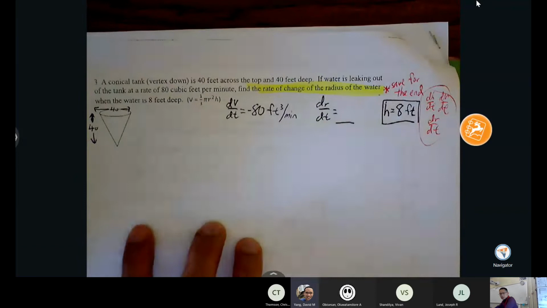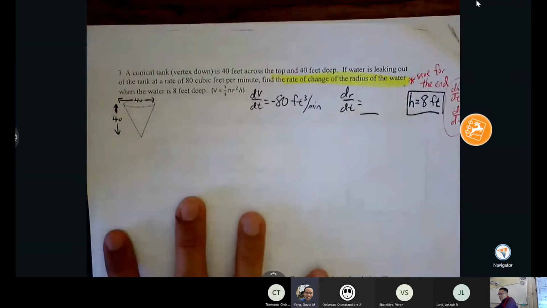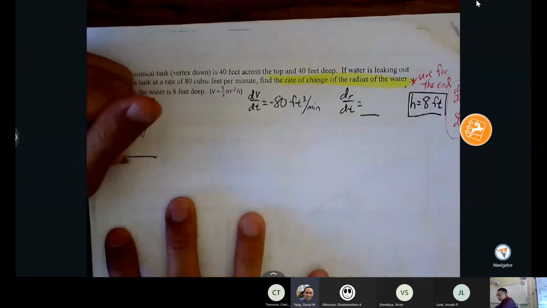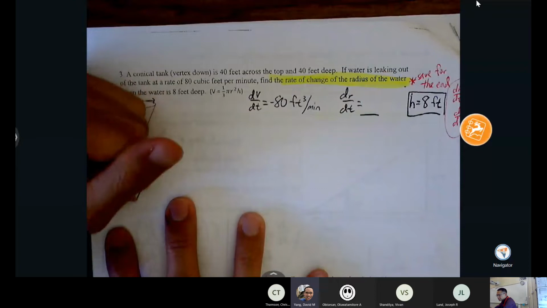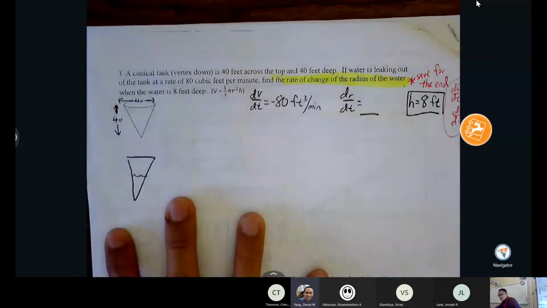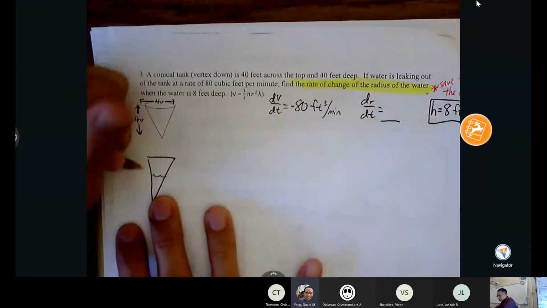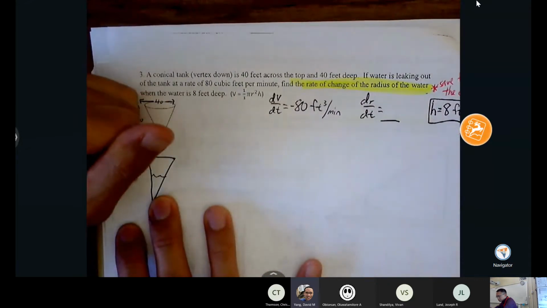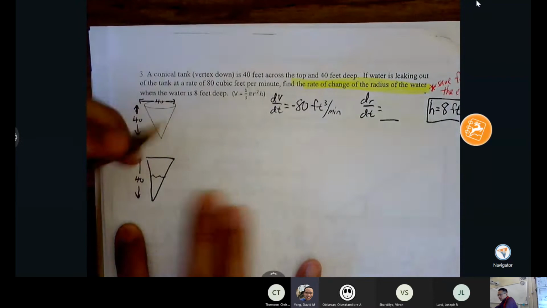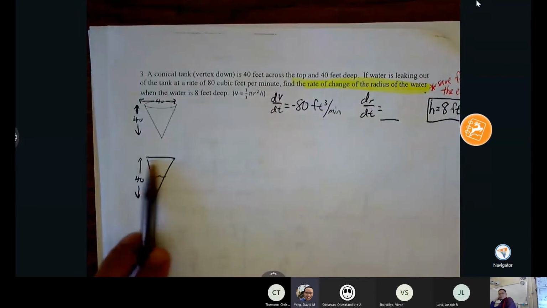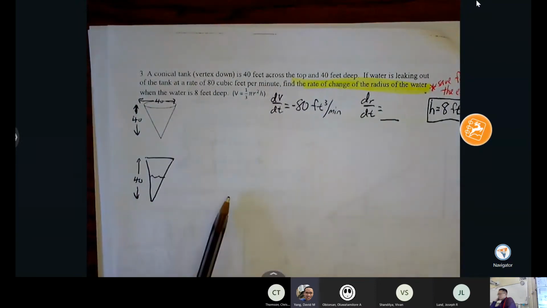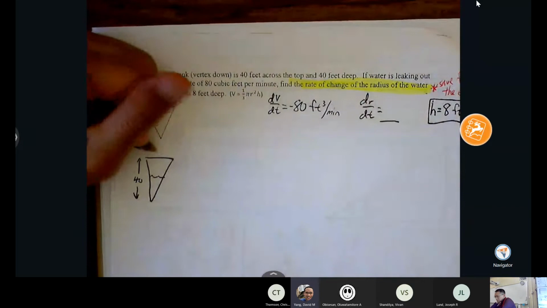Okay, let's set up our proportions. Height is 40. Okay, what's my radius? 20.